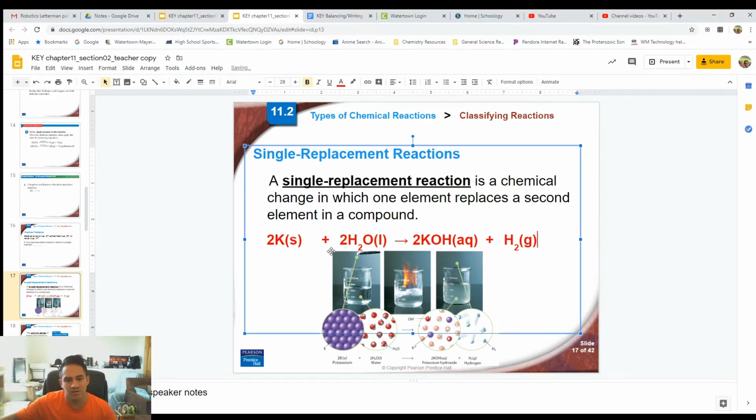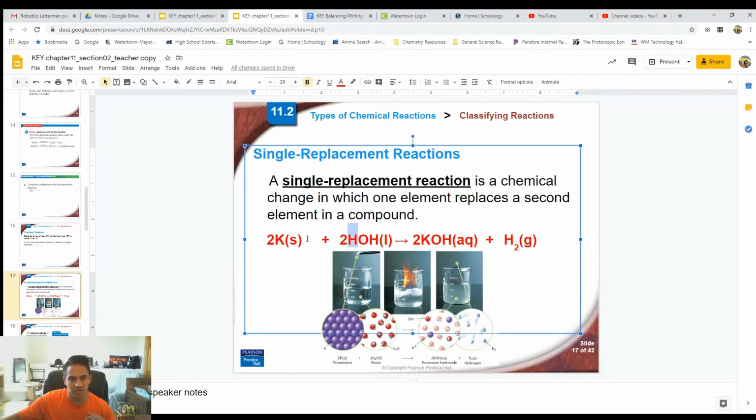Now, H2O is sometimes better written as HOH, and I understand they wrote it as H2O in the picture. It's better to write it as HOH because it's basically hydrogen bonded with the polyatomic ion hydroxide. So we can very clearly see that the potassium element is going to replace the hydrogen element.